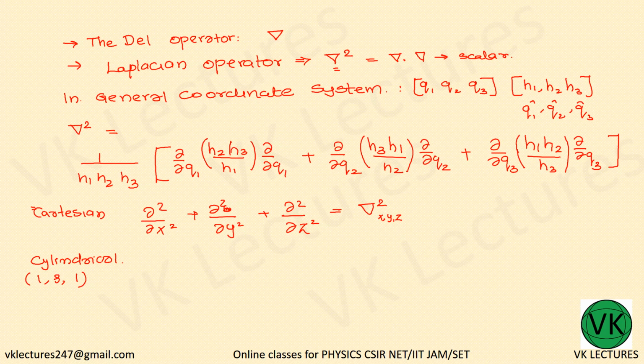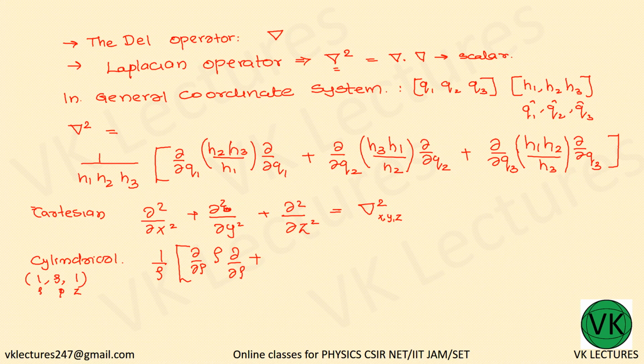Thus we can write it as 1 by rho into dou by dou q1, and this is rho, phi and z, so dou by dou rho into, here you have h2, so it is rho dou by dou rho, plus here you have dou by dou q2, which is dou by dou phi.